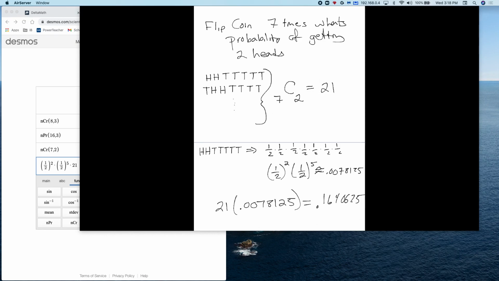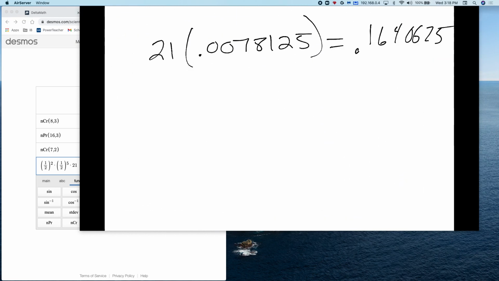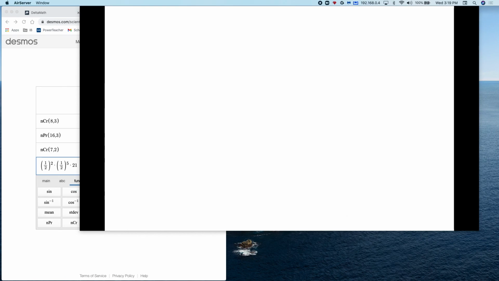Okay, so let's say we make it a little bit different. Let's say the probability that it's going to rain on any given day is equal to 0.21.